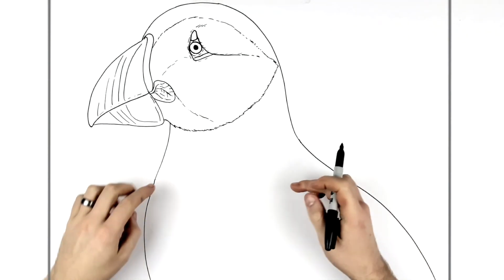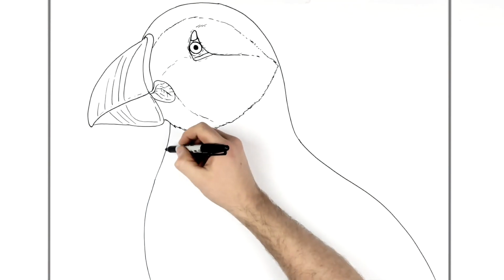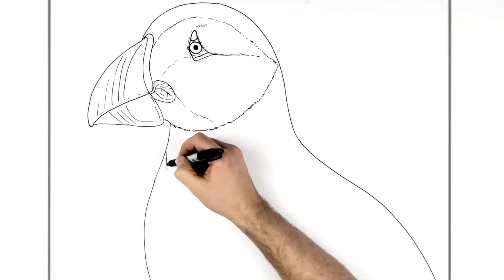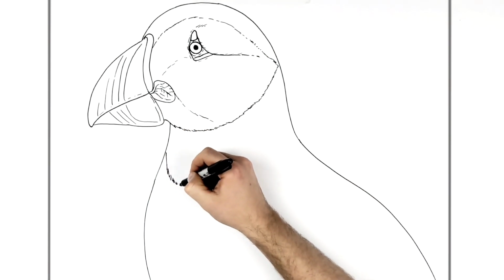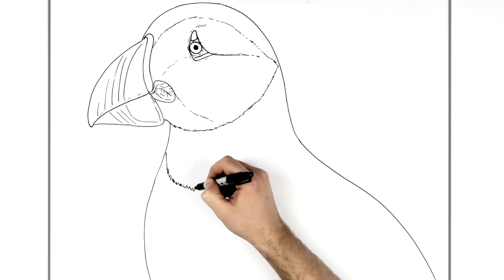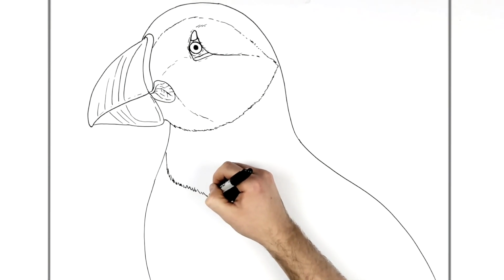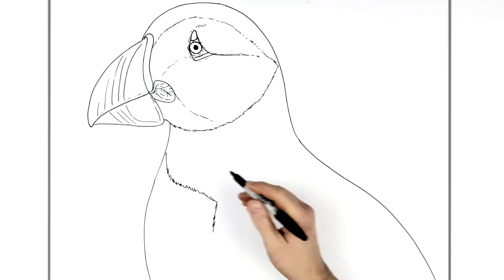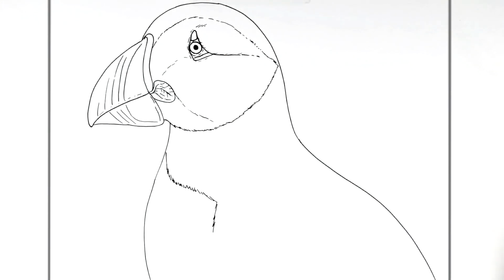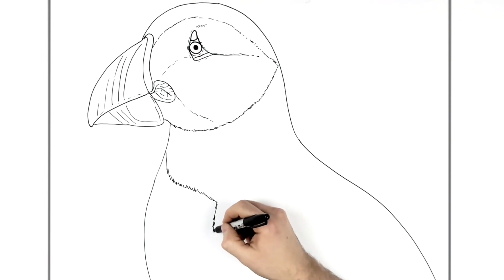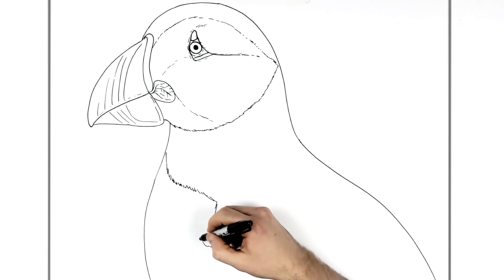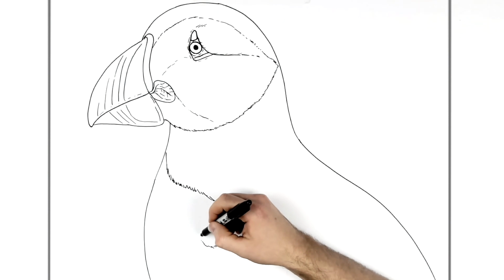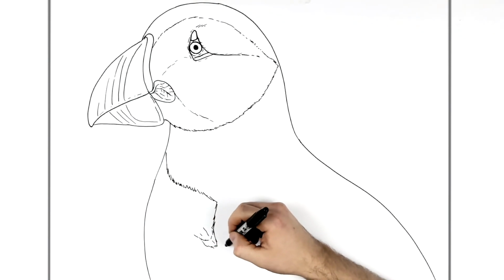Then we have a white belly on the front, and this can be a line like this, because we can see some feathers as we go down here. This kind of stuff starts creeping in on the edge.